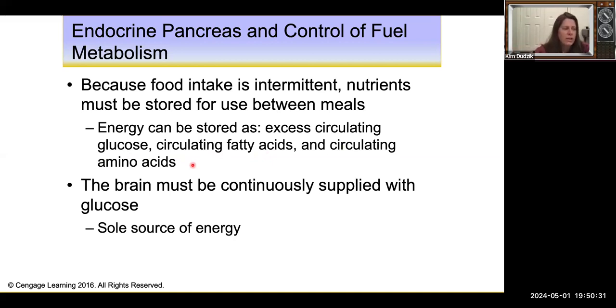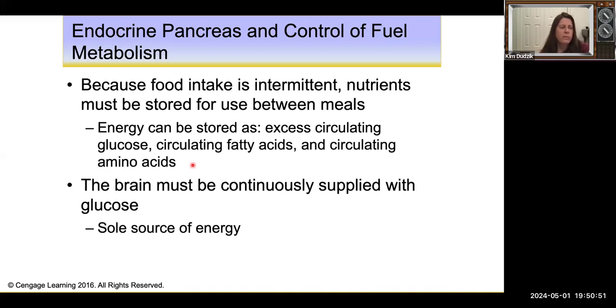That's the state that occurs right after eating a meal. I'm going to show you on the next slide that's when we absorb through the intestines. And then during the post-absorptive state is when we can mobilize those stored nutrients.